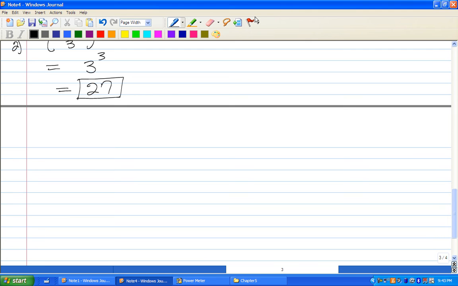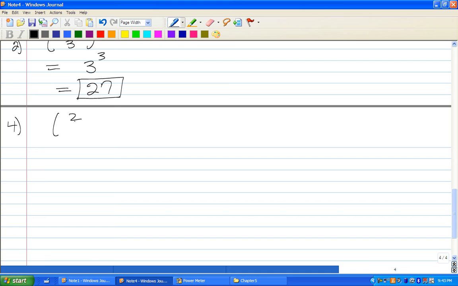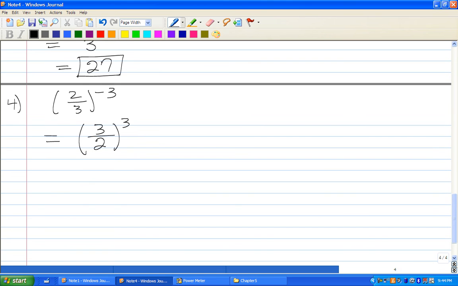Let me do problem number 4. 2/3 to the negative 3. Again, I have a negative exponent, so let's take the reciprocal. The reciprocal of 2/3 is 3/2. Change the exponent from negative to positive, so change its sign.